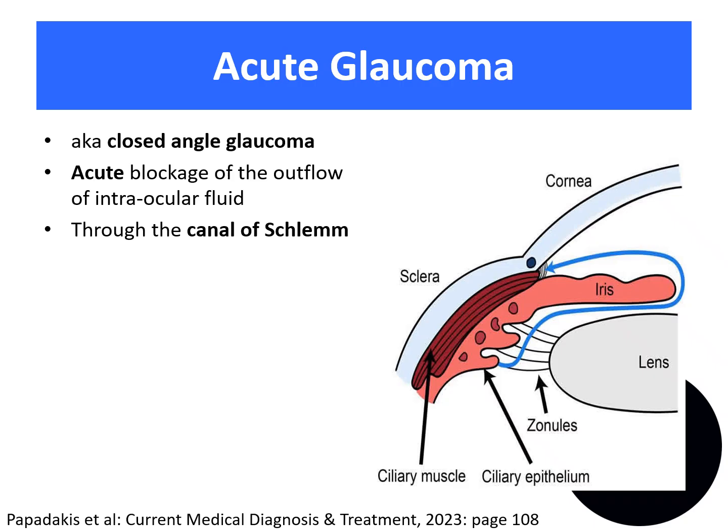Acute glaucoma, which you've done already when you did EENT anatomy and physiology, is also known as closed angle glaucoma. There is an acute blockage of the outflow of intraocular fluid, which is secreted by the ciliary epithelium related to the ciliary body.